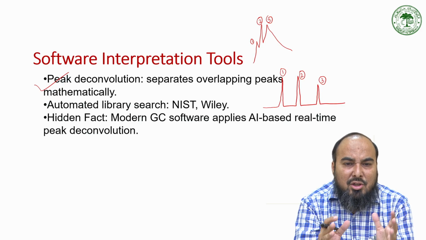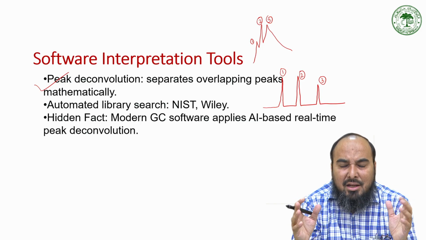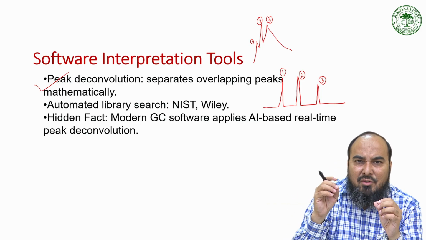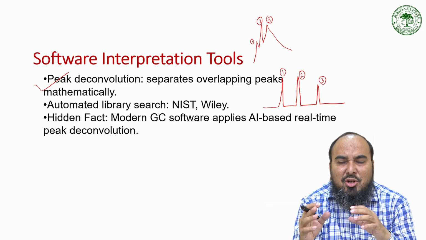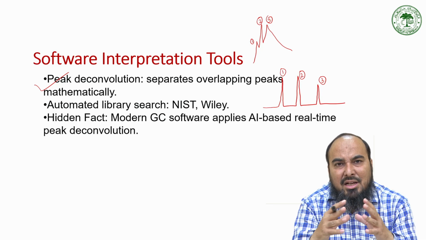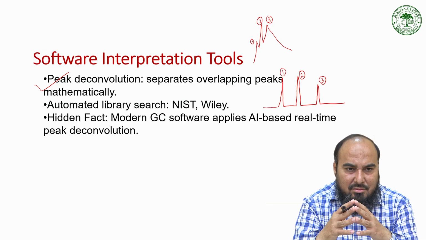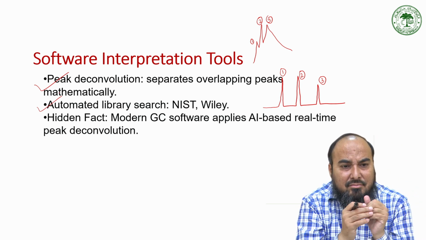Okay, so you can also do some automated search. You have a database, and on the basis of TR value, you just search it from your database and match it. We are going to study this when we discuss the coverts method. So you can do a library search.